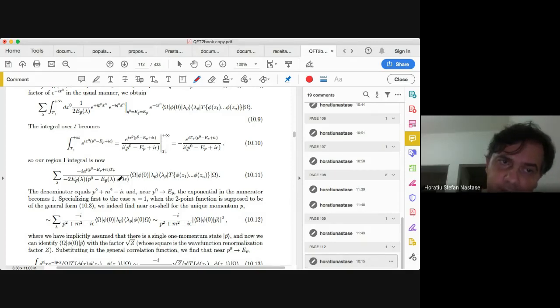So in that case, this 2E_p can be rewritten as approximately p0 plus E_p, because p0 is approximately E_p. But then multiplied with this gives p squared plus m squared, now this four-dimensional p squared plus m squared, right? So the denominator is approximately p squared plus m squared minus i epsilon. All right.